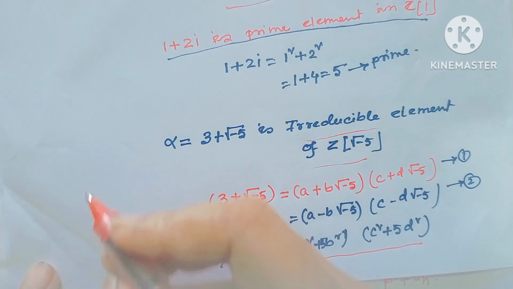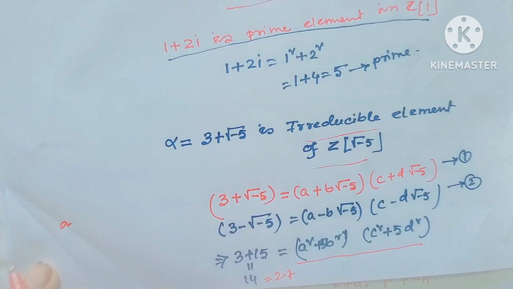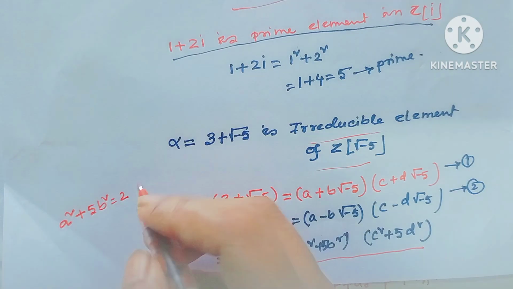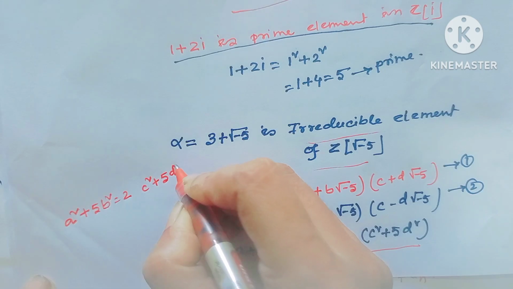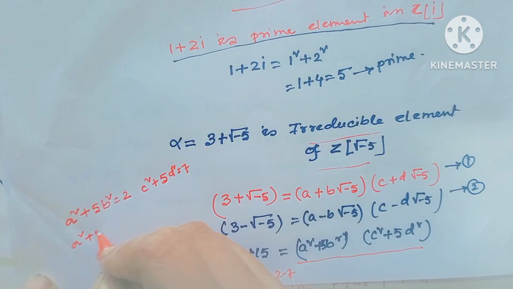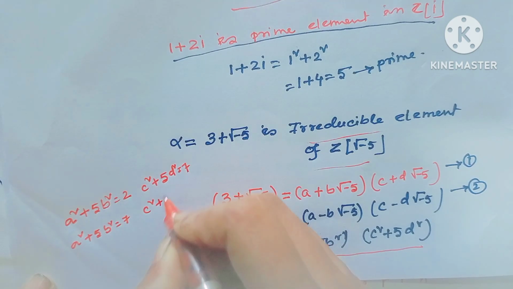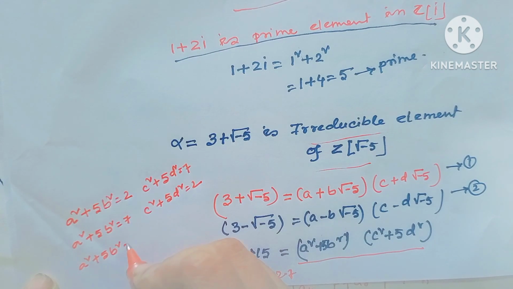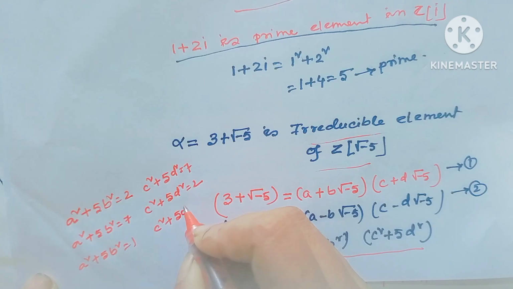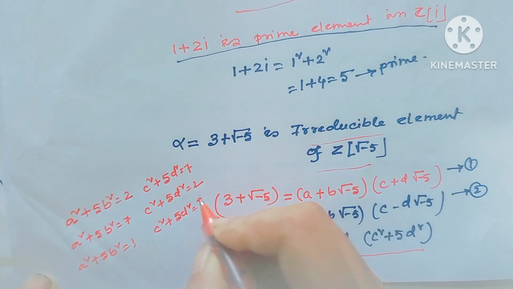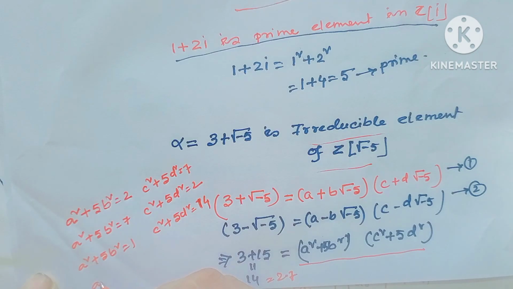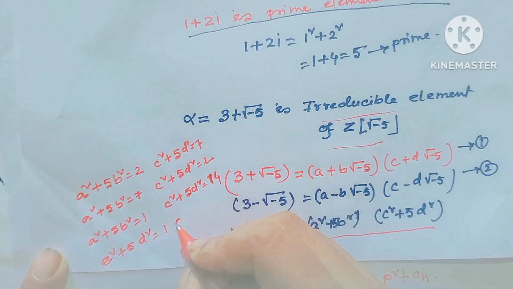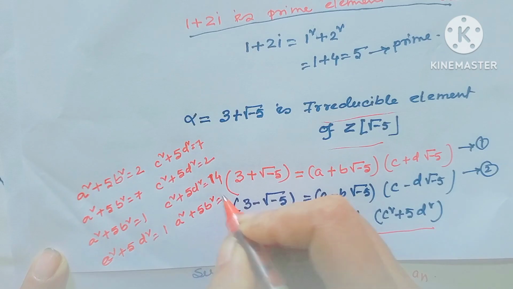So from this line we can write either a square plus 5b square equals 2 and c square plus 5d square equals 7, or a square plus 5b square equals 7 and c square plus 5d square equals 2, or a square plus 5b square equals 1 and c square plus 5d square equals 14, or c square plus 5d square equals 1 and a square plus 5b square equals 14.